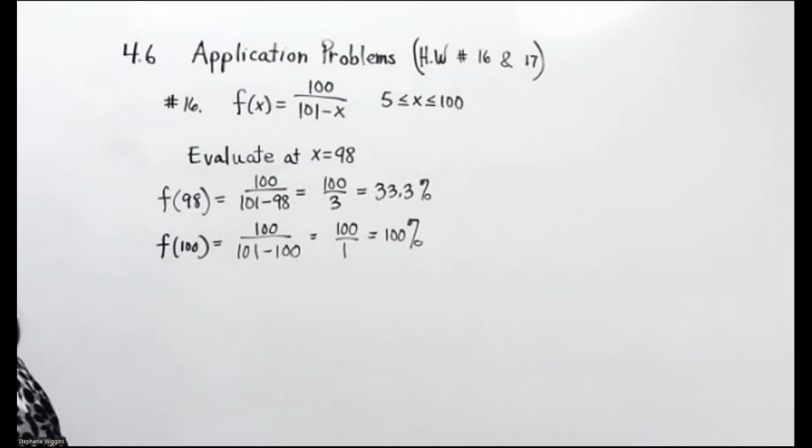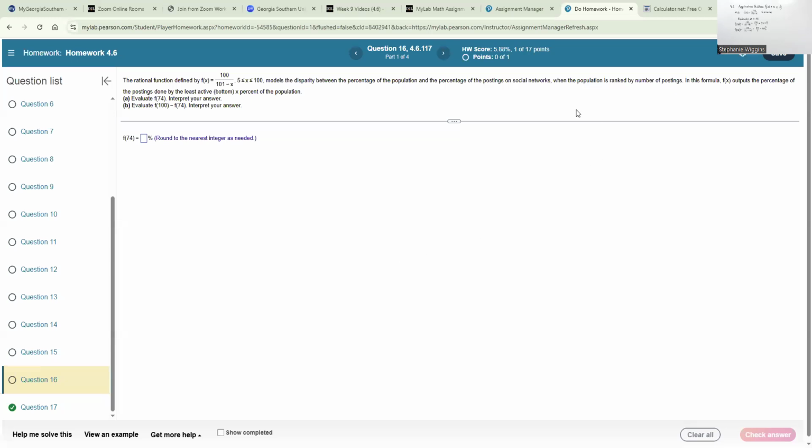So let me share my screen. All right, so it says here that in this formula, f of x outputs the percentage of the postings done by the least active, or bottom, 100% of the population.